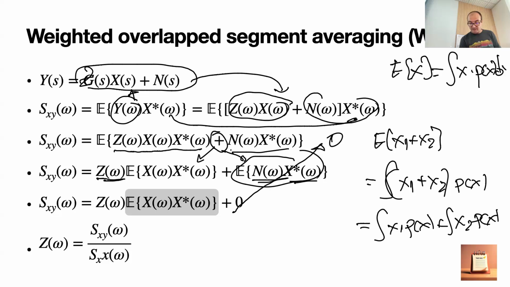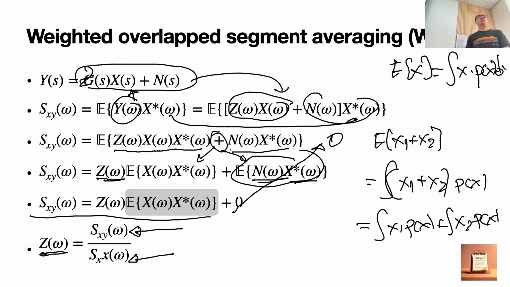And we end up with this equation here. At the end, we say our impedance is the ratio of the cross correlation of the input and output and the autocorrelation of the input. And this is the way everyone does impedance.